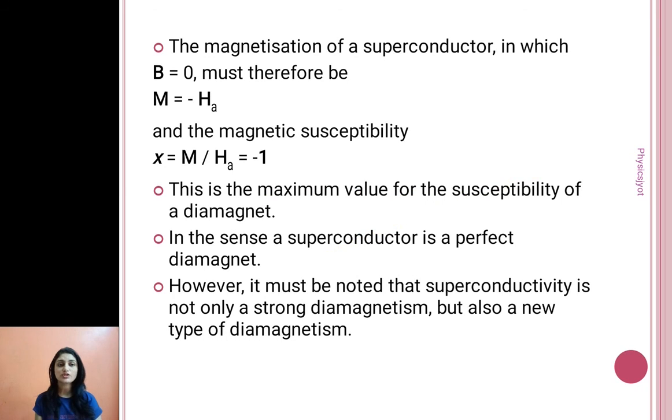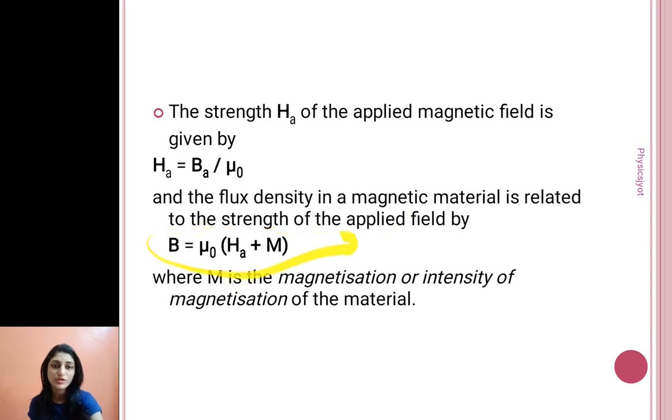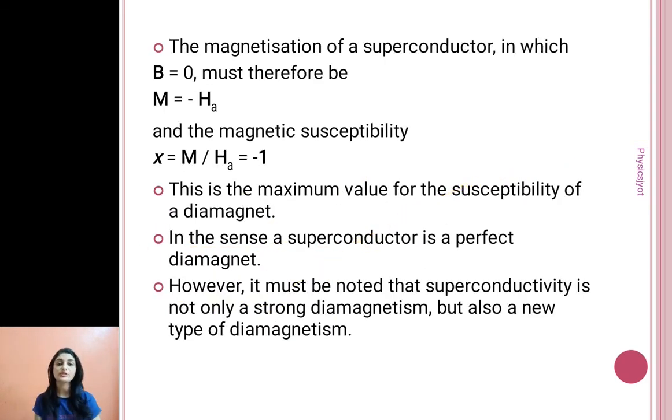This formula you must know from earlier classes. So the magnetization of a superconductor in which B equals 0 must be M equals minus Ha, and the magnetic susceptibility chi, which is M upon H, equals minus 1. This is the maximum value for the susceptibility of a diamagnet. In this sense, a superconductor is a perfect diamagnet, whereas a resistance-less metal may not be.